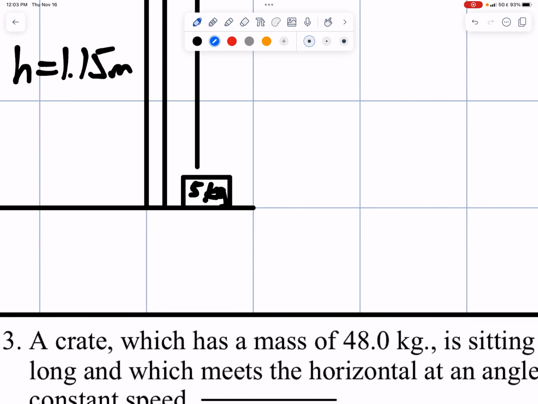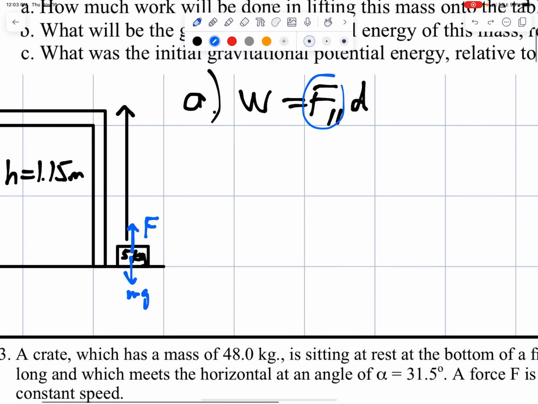And when you lift this weight up, especially at a constant speed, the weight is balanced by the uplifting force. Meaning what are you lifting? You are lifting essentially the weight of the object. So I can replace this, the parallel force becomes m times g times d.